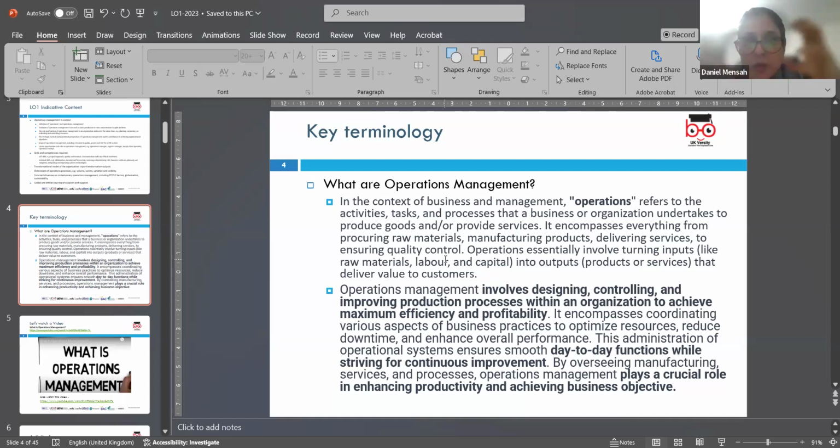So the core part of operation management is the transforming process, where you are taking input and transforming it into output. These inputs could be your labor, raw material, and other resources and capital. Then it goes into a transformation process like a production process, and you are delivering the final product.